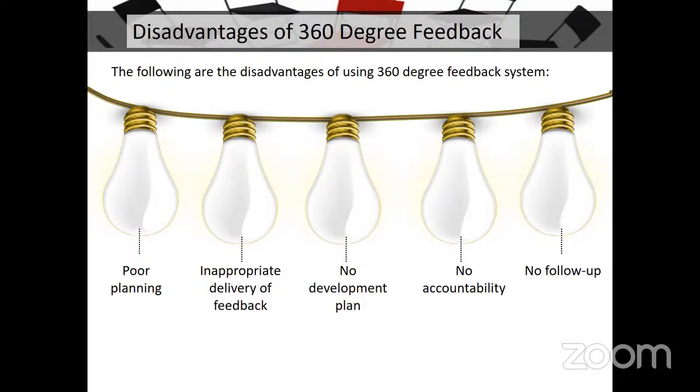Who is accountable? Is it the line manager? You have a system and there's no accountability, then what happens? No follow-up. People want to know, how did we perform? How did my department, as a peer, did I evaluate well? When you go through the forms as a HR, since we are the drivers of this process, do we give feedback to people? Do we tell them that next time when you do this, you can improve on this area? Because I think you all bear me witness, we have these very wonderful systems in place.